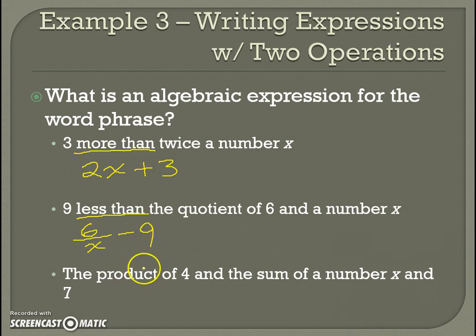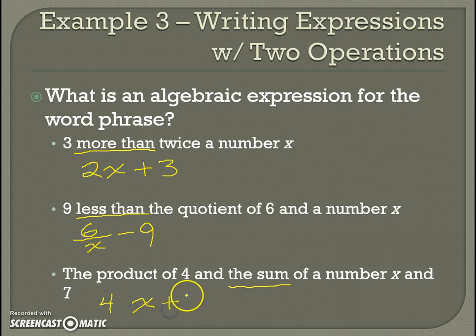This last one, I have the product of 4 and the sum of a number x and 7. This one's kind of strange. I have this sum of a number. What that tells you is that there's something that happens before I multiply with the 4. Hopefully you remember that product means multiplication. So that means I'm taking this 4 and then I'm multiplying it by something that happens with the sum, in other words, addition. And it is a sum of a number x and 7.